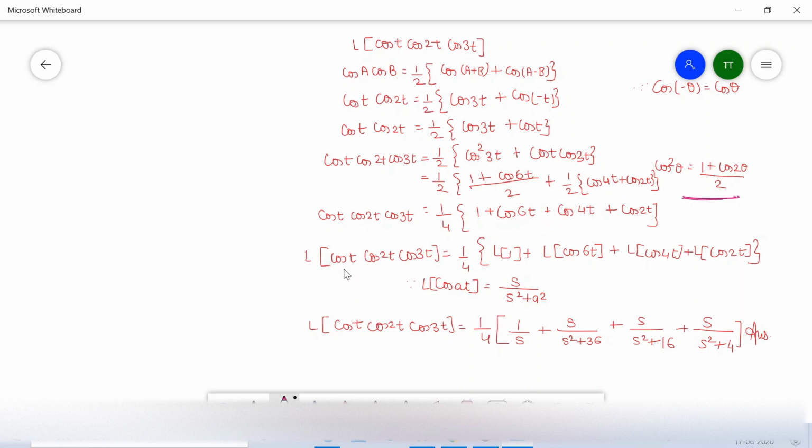So the Laplace transformation of this will be the Laplace transformation of 1, cos 6t, cos 4t and cos 2t. The Laplace transformation of 1 is 1 by s, we know that, and the Laplace transformation of cos at is s upon s square plus a square. So we just write the value of a over here.